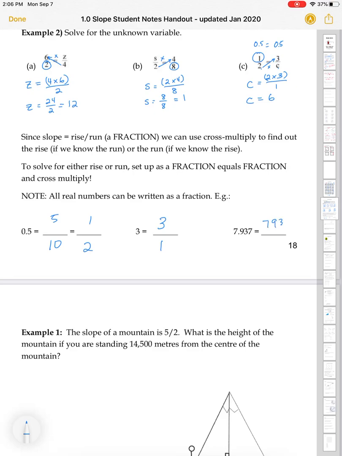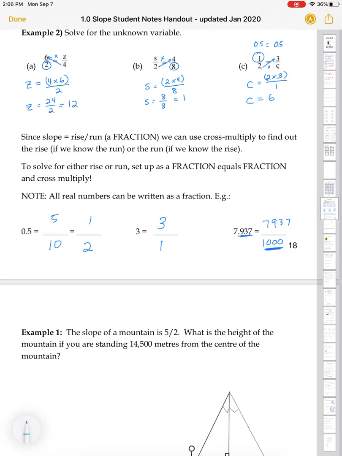If we have a decimal, what we do is we take the digits, like 7937, and we put it over 1,000, depending on how many decimal places. If there was only one decimal place, we put over 10. If there were 2 decimal places, we put over 100. So the number of decimal places tells us what multiplier of 10 we put it over.